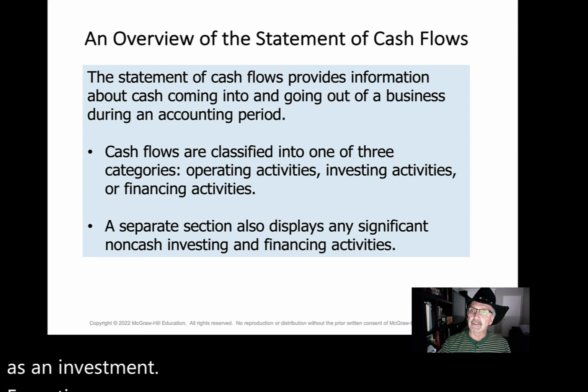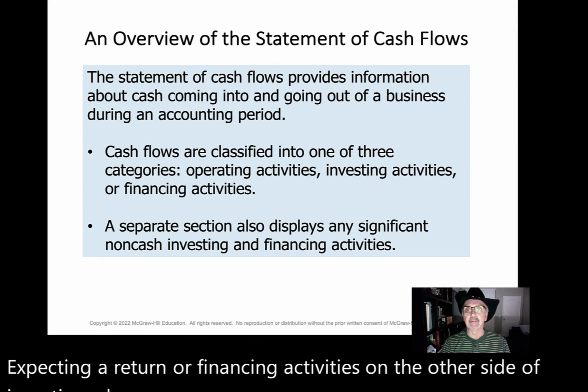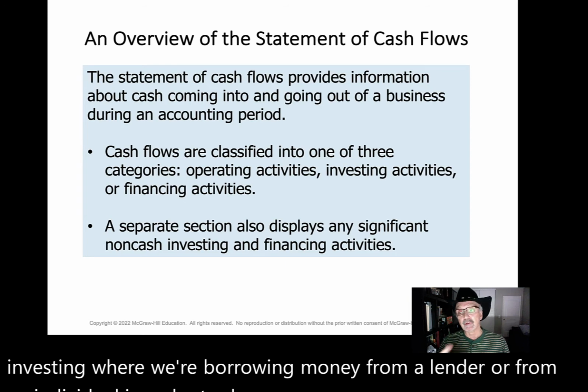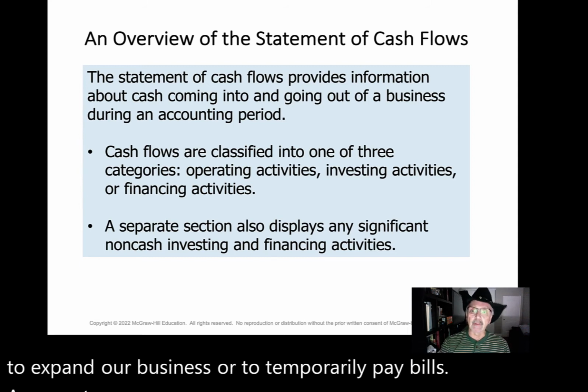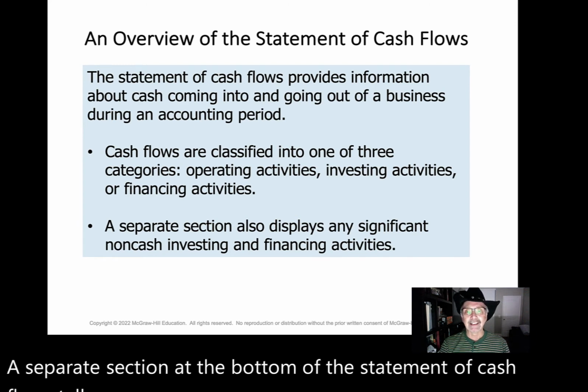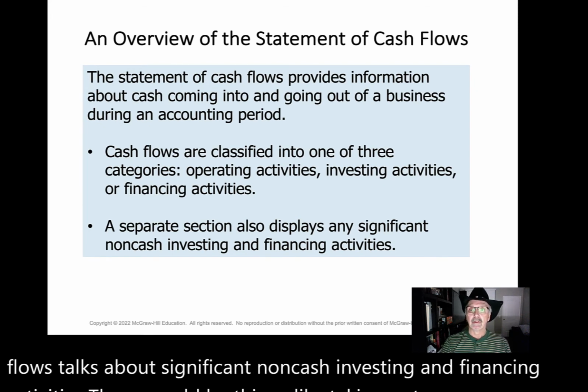Or financing activities on the other side of investing, where we're borrowing money from a lender or from an individual in order to do something in the business, maybe to expand our business or to temporarily pay bills. A separate section at the bottom of the statement of cash flows talks about significant non-cash investing and financing activities. Those would be things like taking out a mortgage to buy a building.